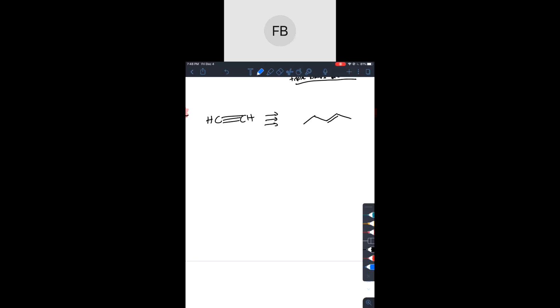I'll do the first option, which is what I'm aiming at here, using it as a base. So first you'd want to just make this into a nucleophile. So you would do NaNH2 over NH3. And that would give you the triple bond, but now it's negative, right?